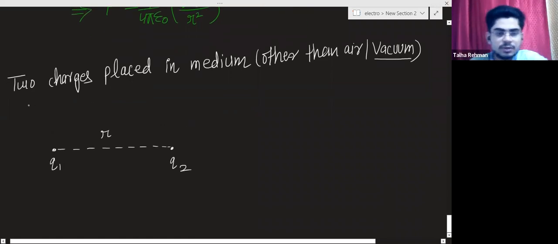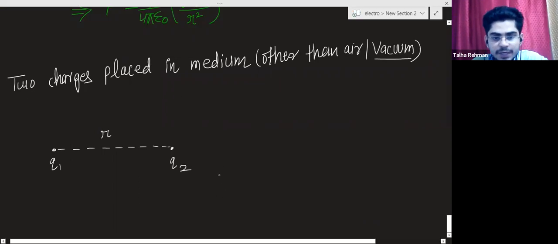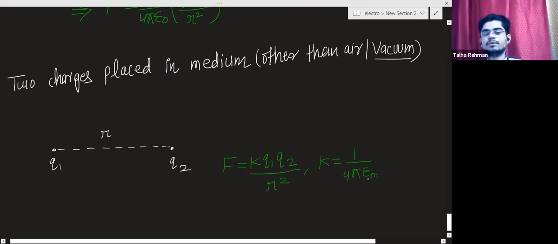So now, if I want to calculate the force between these two charges, what is the value? K Q1 Q2 by R square. But this time K equals 1 upon 4 pi epsilon naught M. Why?